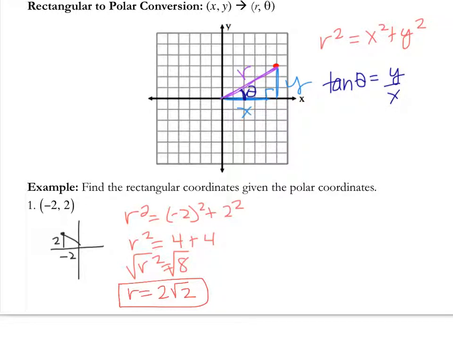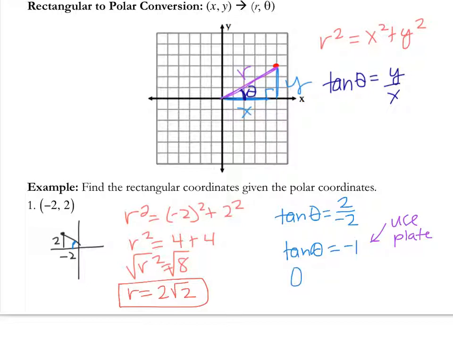The second part is we got to find theta. So theta would be our angle here. So we're going to do tangent of theta equals the y value over the x value. So the y value is 2, the x value is negative 2. So we get tangent of theta equals negative 1. And then you're going to look on your plate to figure out where tangent is equal to negative 1 so that you can get the answer to this.